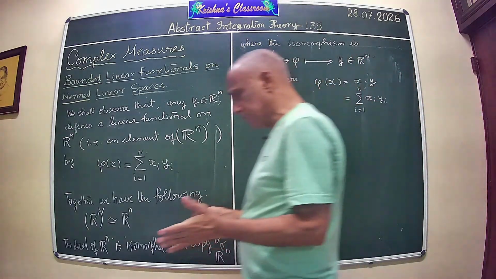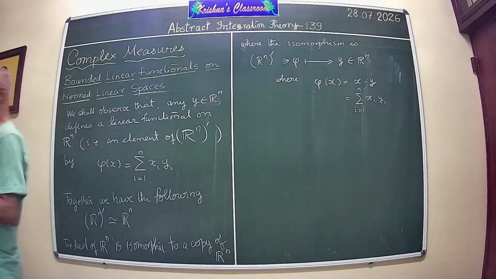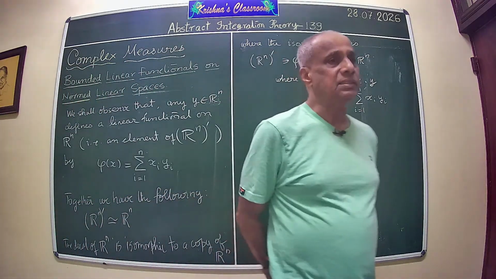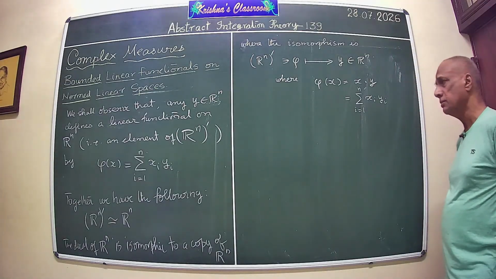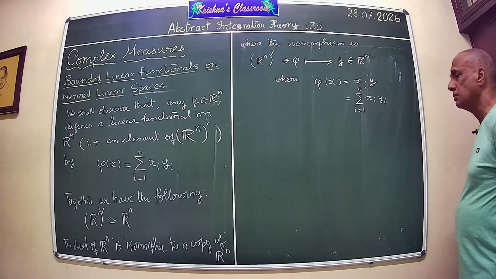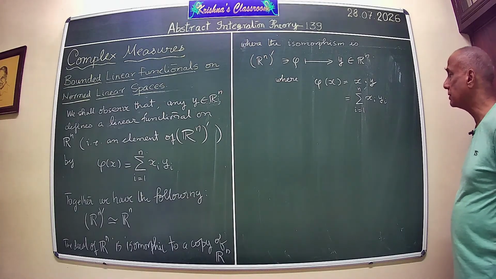Therefore, you see that the dual space consisting of all linear functionals over Rn is identified with elements in Rn.